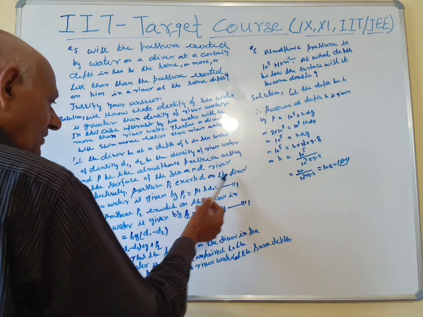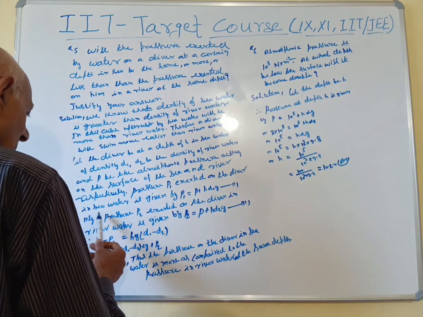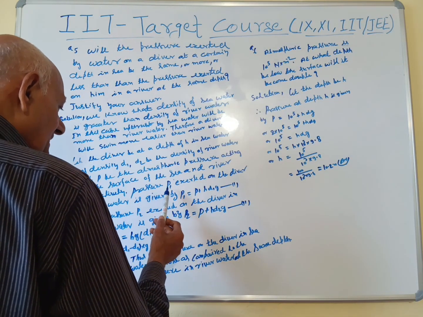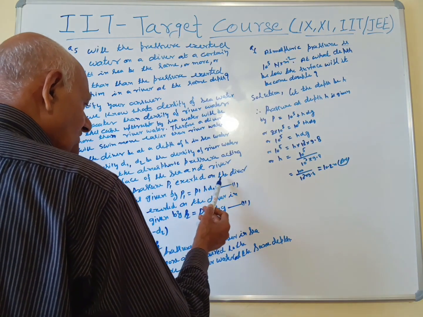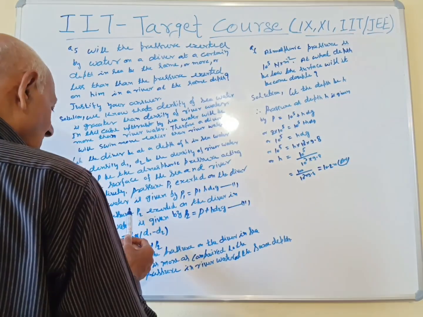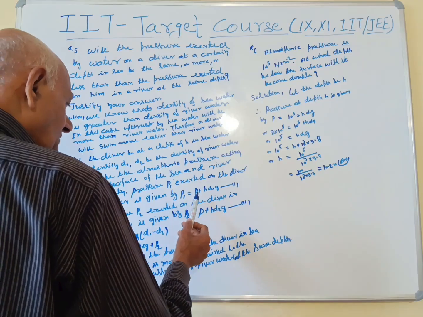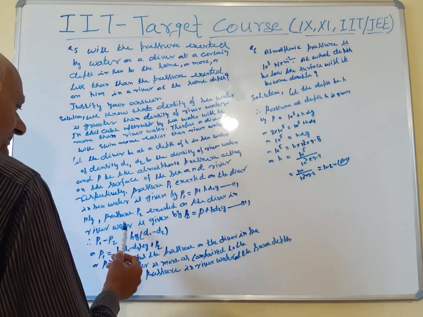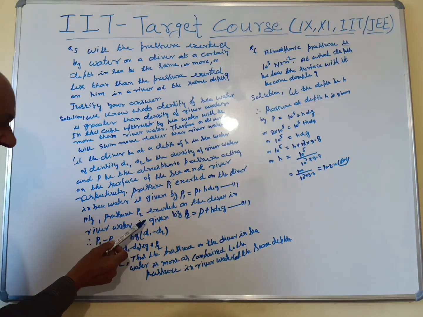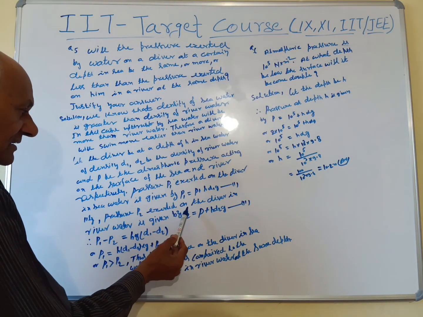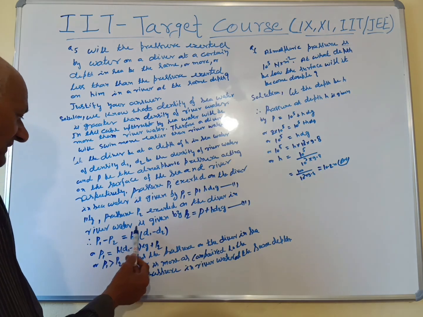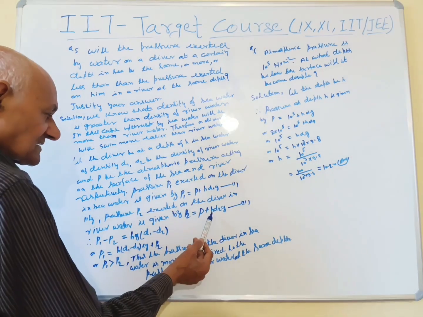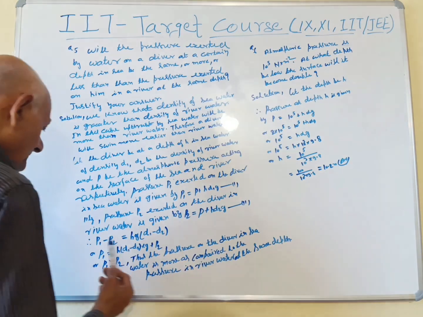Pressure P1 exerted on the diver in seawater is given by P1 equals P plus h d1 g. Similarly, pressure P2 exerted on the diver in river water is given by P2 equals P plus h d2 g.